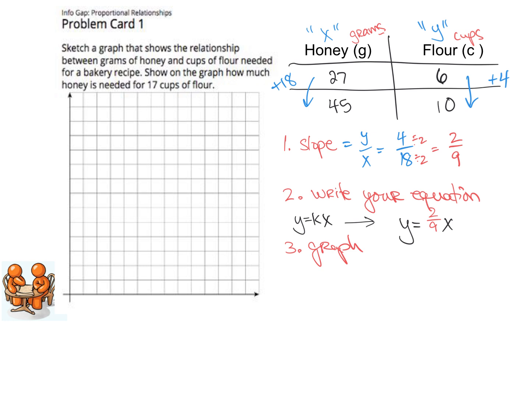And then now we need to come up with an idea to graph this, right? So again, let's put our labels in. So we're talking about honey and flour, right? And this is needed for baking, right?